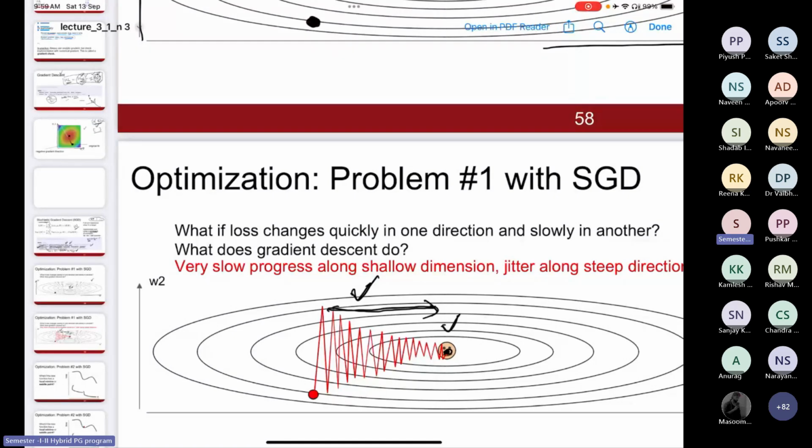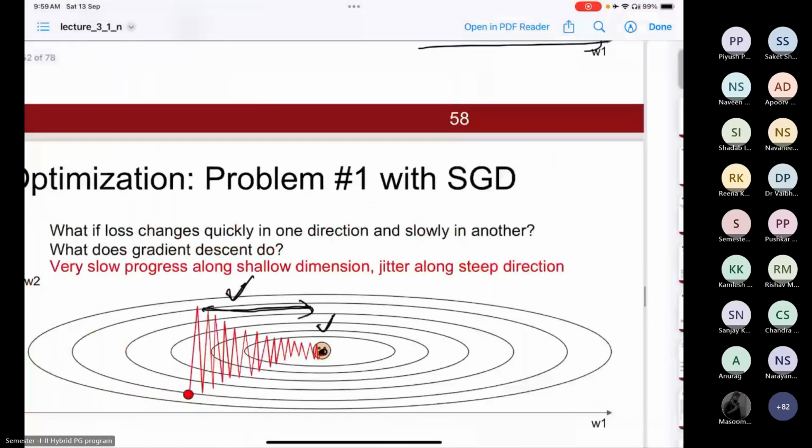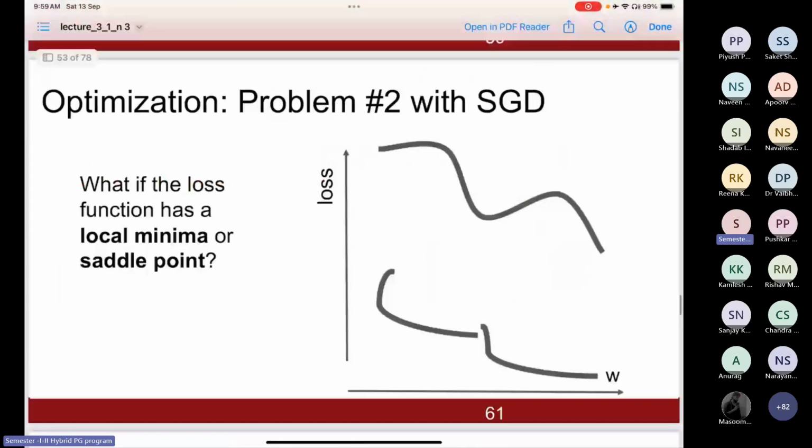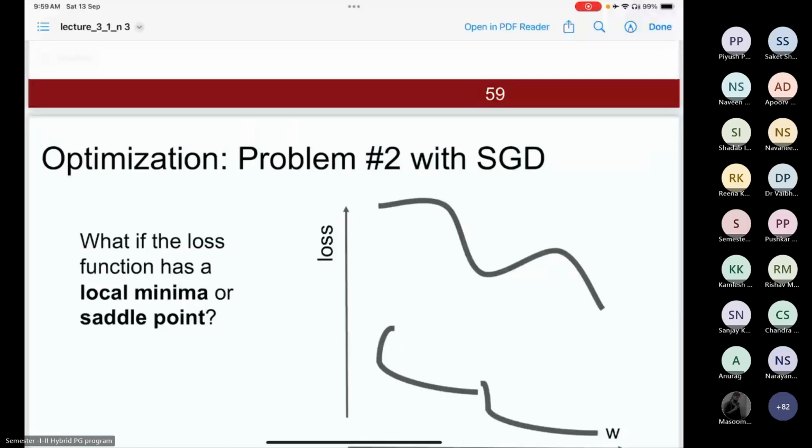Okay, so this is one problem. Let's go for another problem. Another problem is local minima. So you started from here. Suppose you started from Manali and you want to reach Delhi or maybe Chandigarh. Chandigarh is the minimum point where you have loss equal to zero.